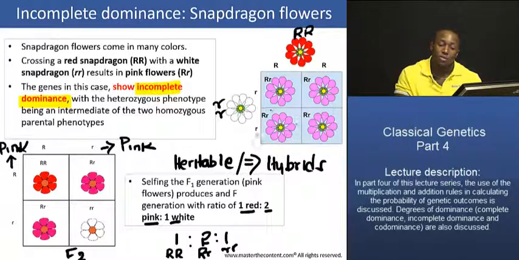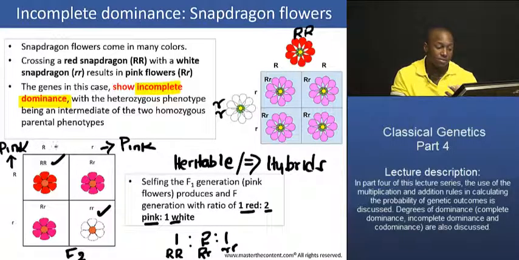Now, selfing or crossing that F1 generation produces an F2 generation in which the white and the red phenotypes reappear. That tells you that these individual alleles are discrete, heritable factors, and they maintain their individual identity even in hybrid form, because when we segregate them and they're in their homozygous dominant or homozygous recessive form, we see the re-emergence of those phenotypes that had previously disappeared in the F1 generation.